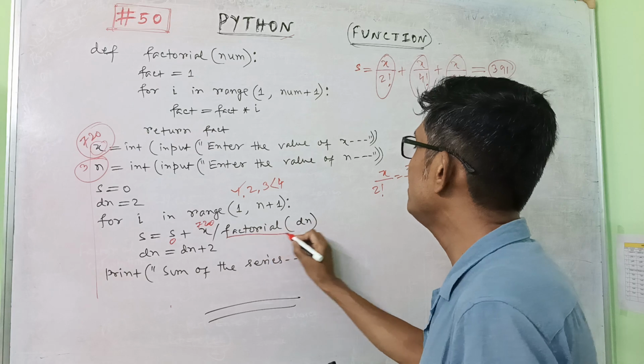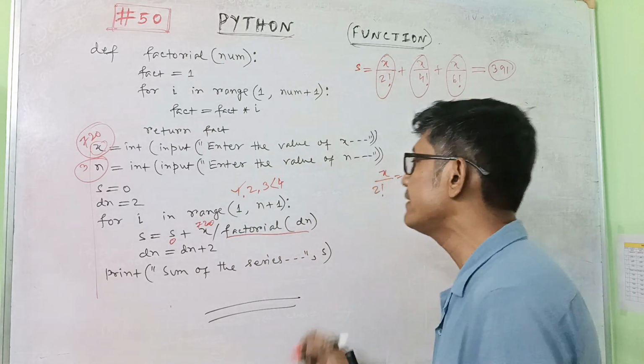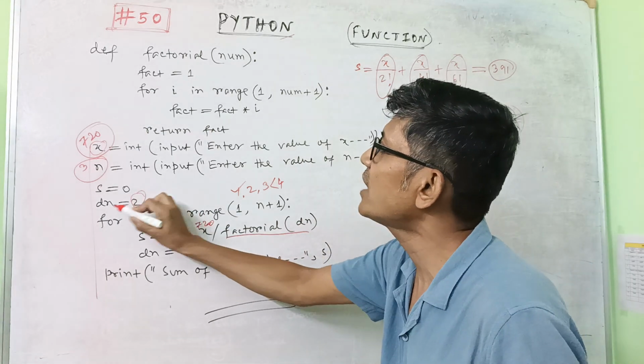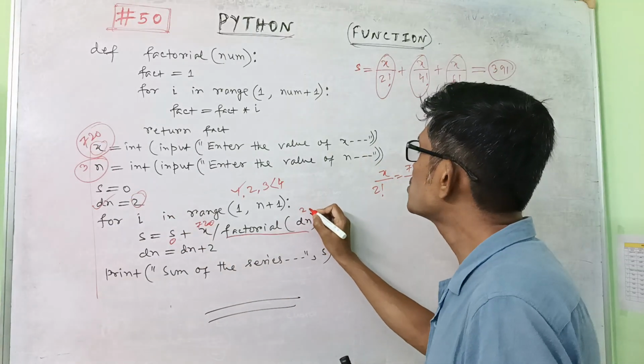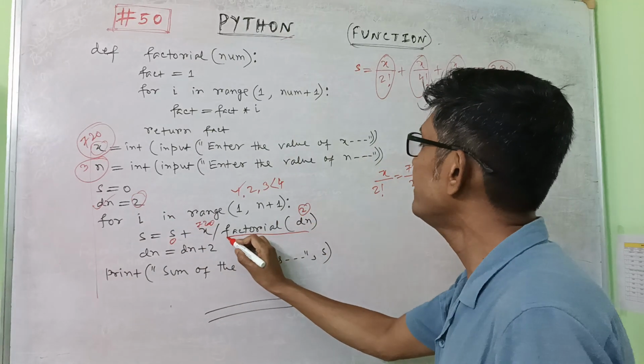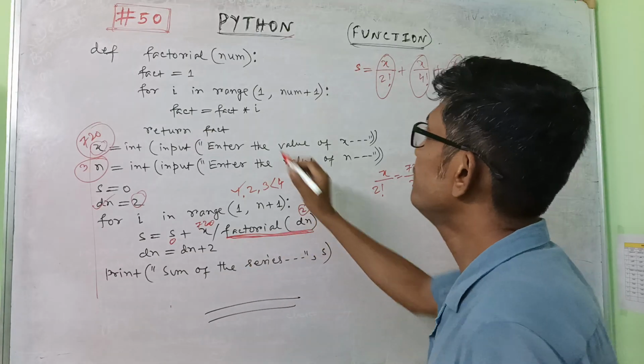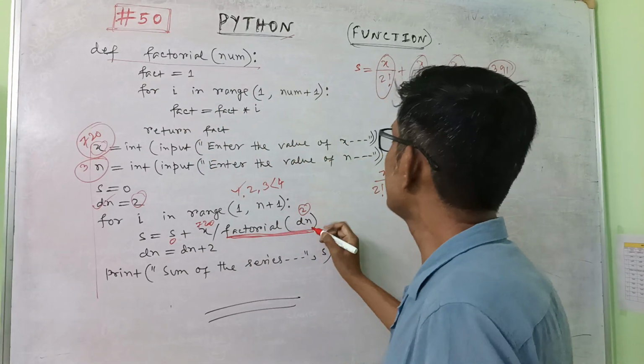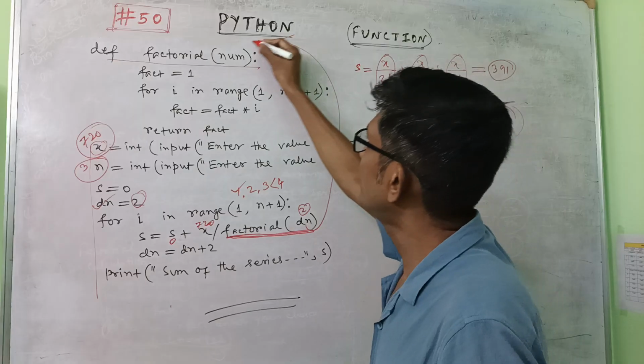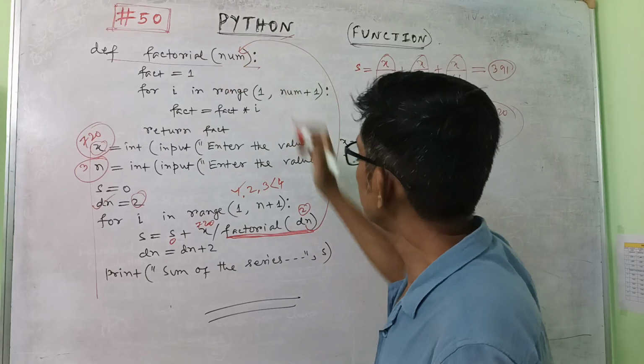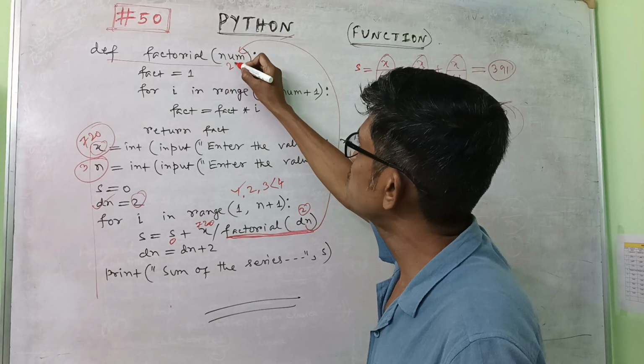This function will help you calculate the factorial. How much are we sending? The initial value dn equals 2. Whenever we call this function, whose name is given here, this dn value comes here. This dn value is 2.